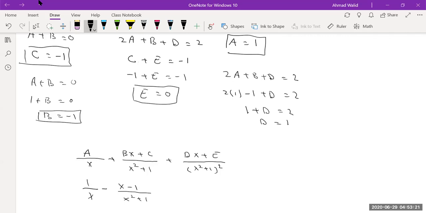How much is D? D is 1. It means plus X plus E. E is 0. X plus 0. Let me write, even we can write it as an X, right? Over X squared plus 1 all squared.